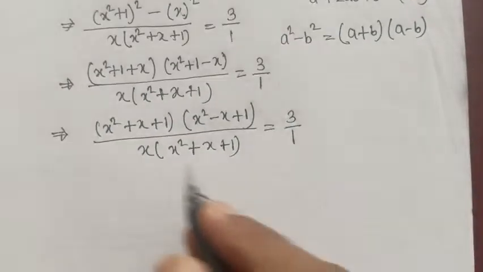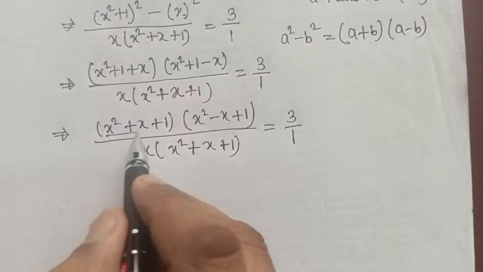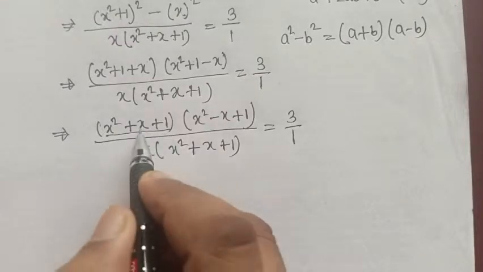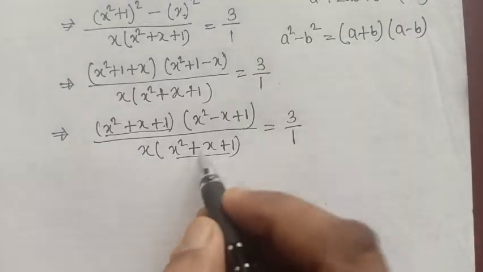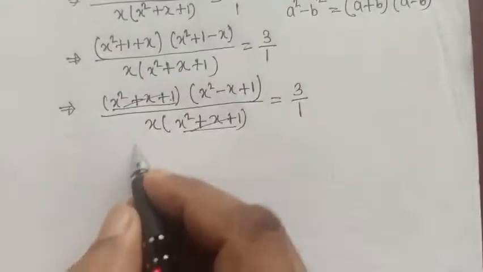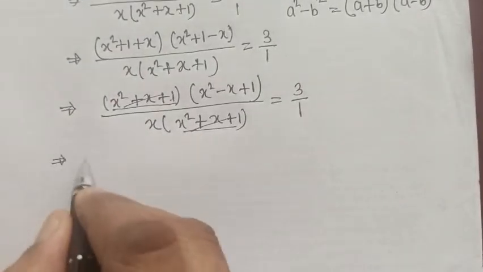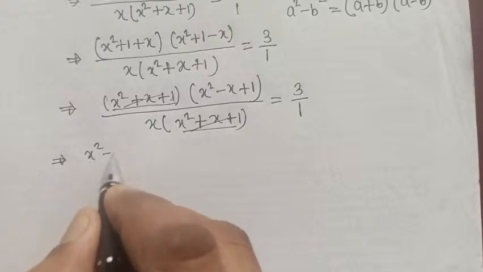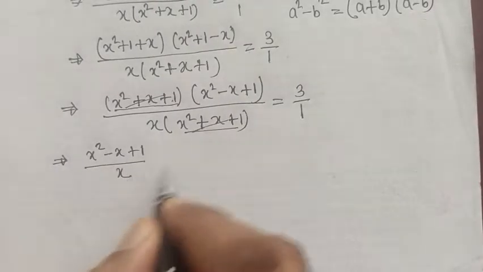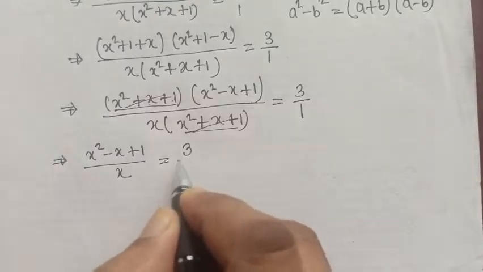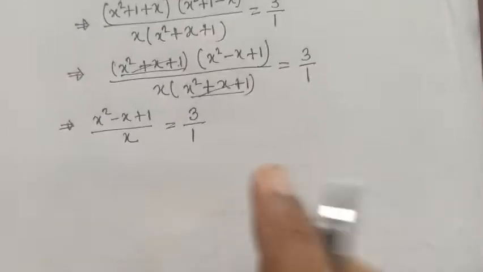Now here we got one same expression, that is x square plus x plus 1, and here also x square plus x plus 1, so that will cancel out, and the remaining part will be x square minus x plus 1 by x equals 3 by 1.